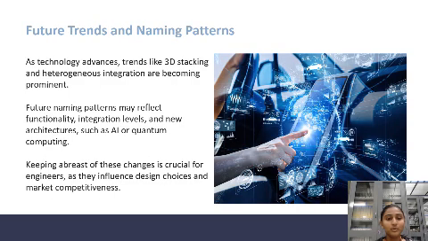Future trends and naming patterns. As technology advances, trends like 3D stacking and heterogeneous integration are becoming prominent.